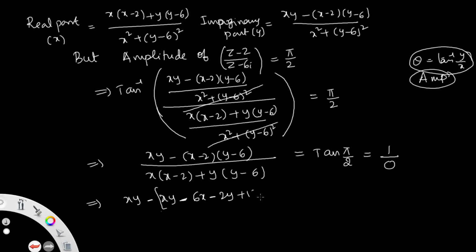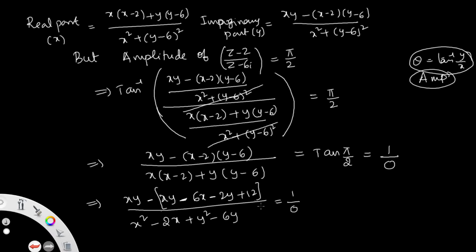Denominator: x square minus 2x plus y square minus 6y, equal to 1 by 0. Open the bracket. Then xy cancels, and you get 6x plus 2y minus 12. Simplify by taking 2 common: 3x minus y minus 6.